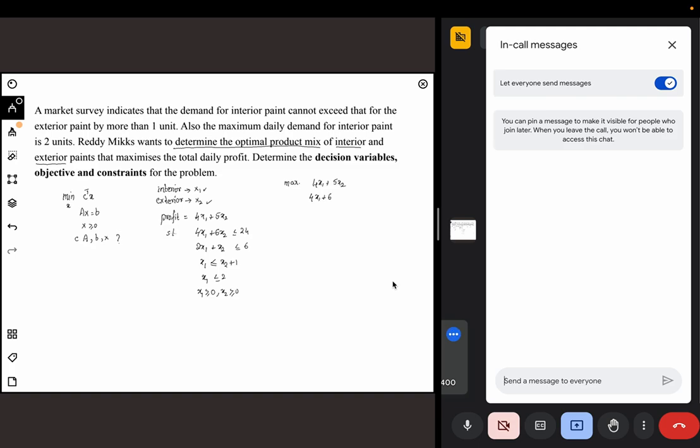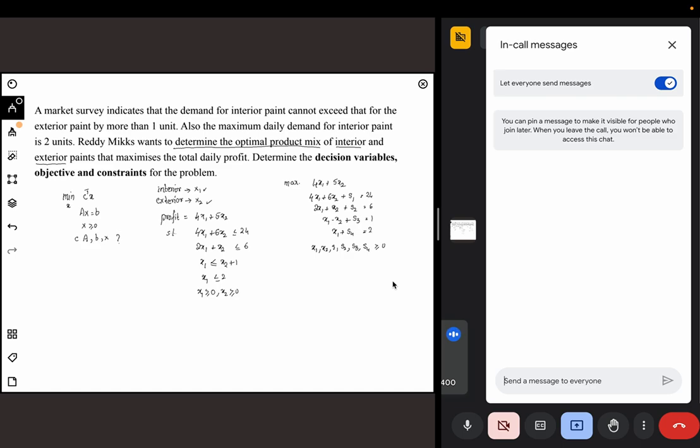So you have 4x1 plus 6x2 plus s1 equal to 24, 2x1 plus x2 plus s2 equal to 6, x1 minus x2 plus s3 equal to 1, and x1 should be less than or equal to 2, so x1 plus s4 equal to 2. And x1, x2, s1, s2, all of them should be positive quantities. So this is my standard form.